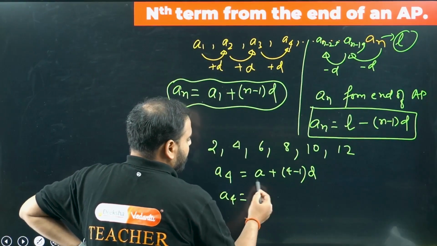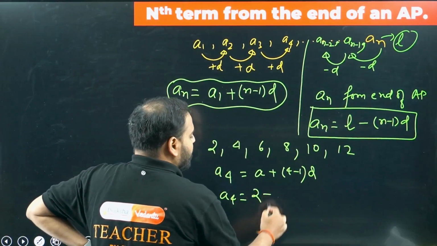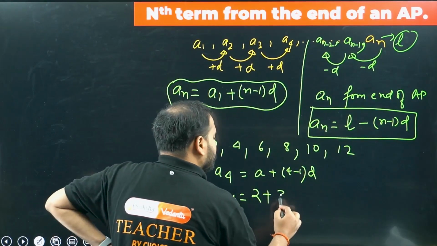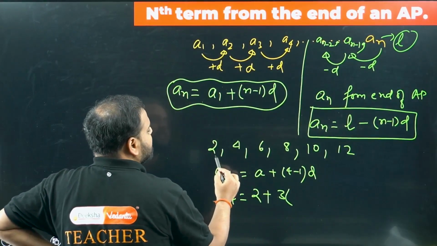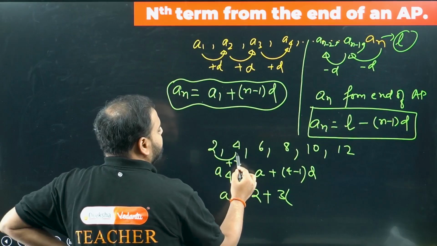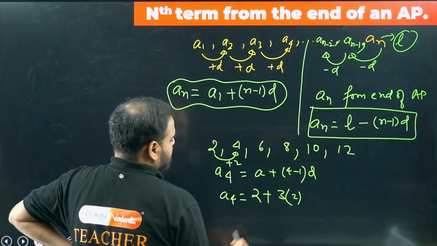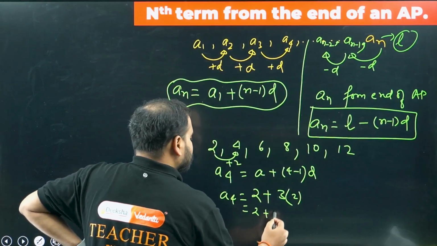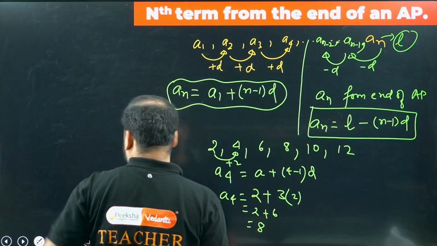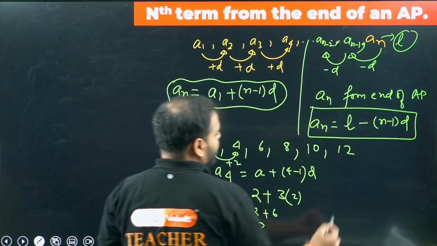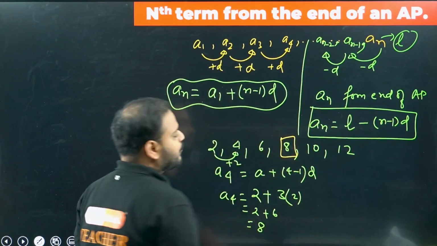A4 equals, what is A? 2 plus 3 times, what is D over here? Please check what is the D on this side. Plus 2 every time. So 2 plus 6, how much is that? Simply 8. Have a look, it is the same value. The fourth term is over here.